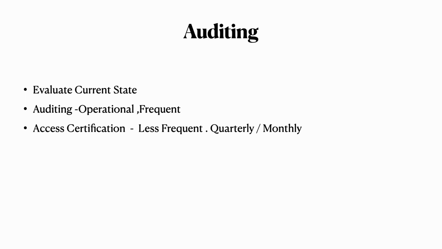Auditing deals with evaluating the current state of the identity and entitlement. The difference between auditing and access certification is that auditing is an operational task, it's ongoing, and access certification is more periodic. It could be a quarterly or monthly activity.